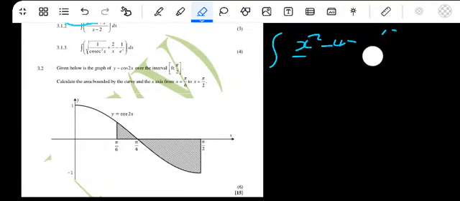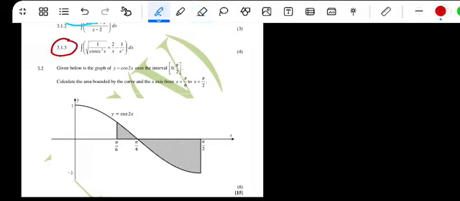So we've been given now another one, 3.3.